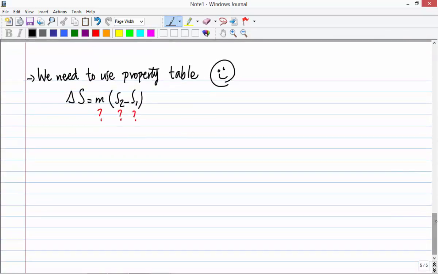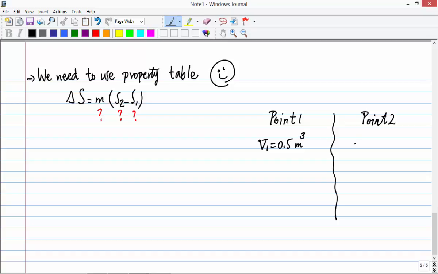And now our famous table comes into play. Point one, point two. Okay, great. It says that the tank is rigid, so volume would remain constant. So V1 equals V2.